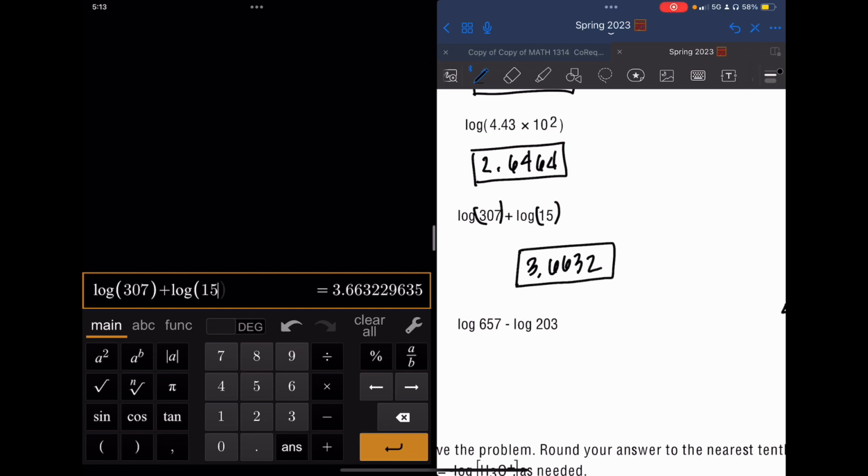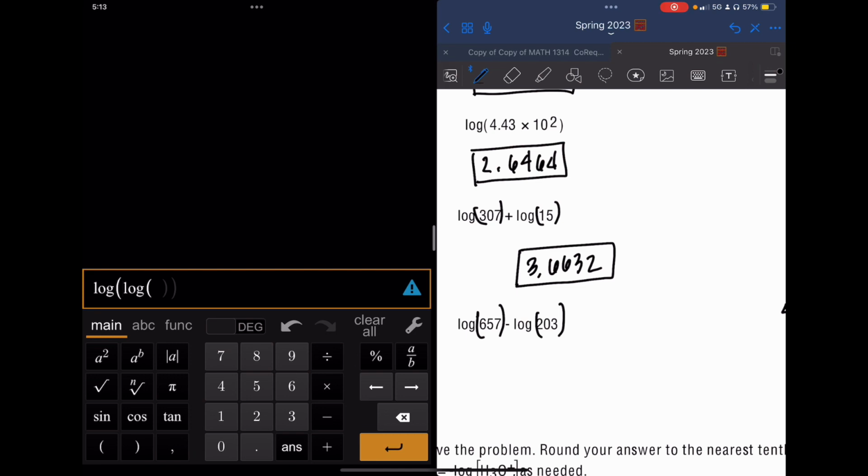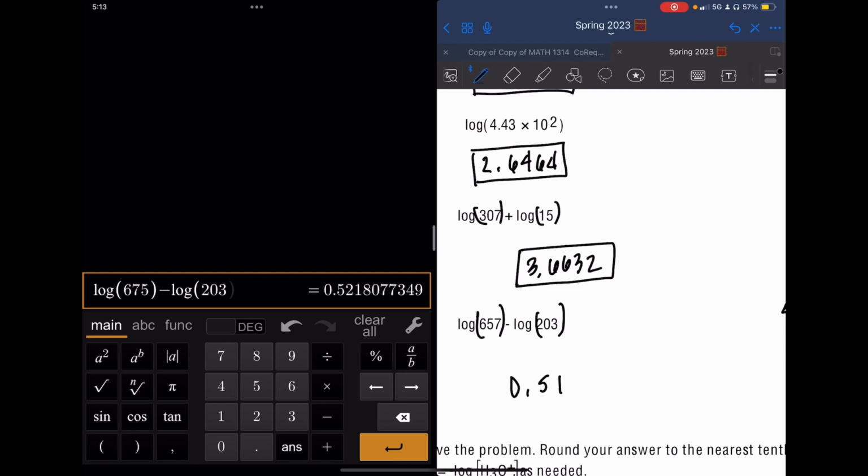And the last one is going to be log 675 minus log 203. And we had a decimal 0.51.